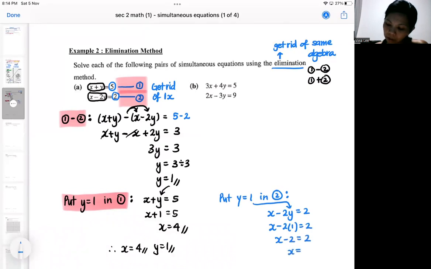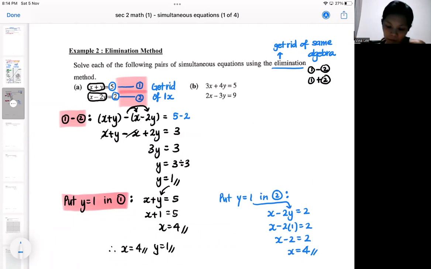You still get the same x value. So it doesn't matter whether you put the y back into equation 1 or equation 2. The value should be the same. But if you don't get the same value, something must have gone wrong. It should be 99% your careless mistake.